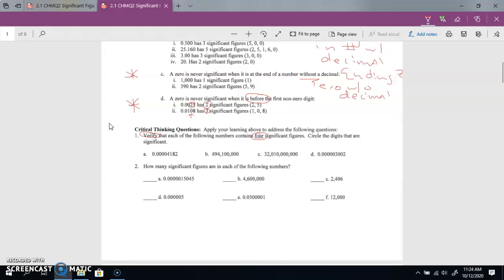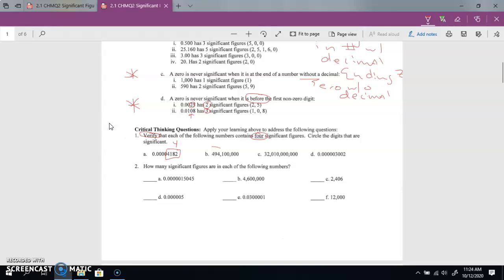What I want you to do is to circle the 4 significant figures. Now, this applies rule number 1. There are 4 significant figures there because we have 4 non-zero digits. I would say that we also have to apply the rule about beginning zeros. None of these zeros are significant because they're beginning zeros in a number without a decimal.